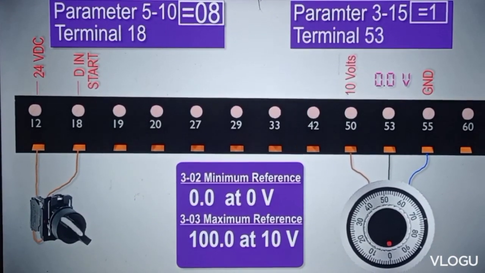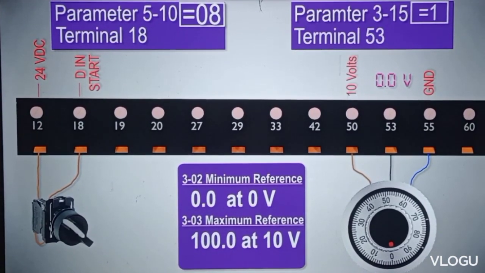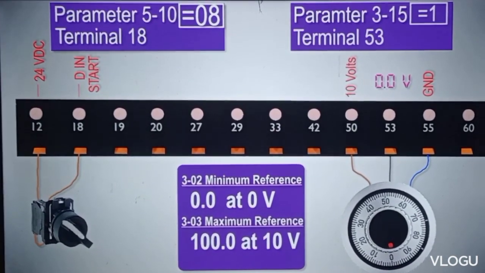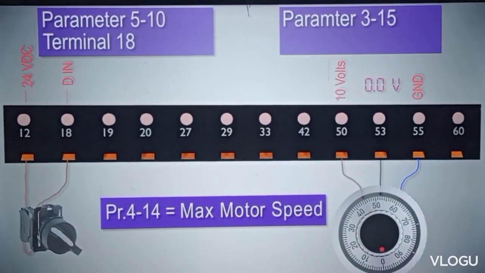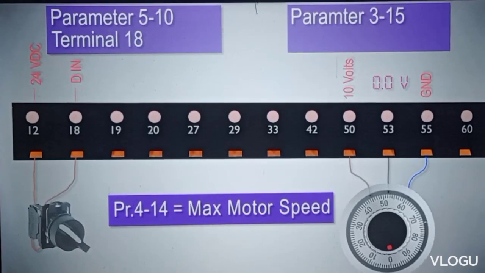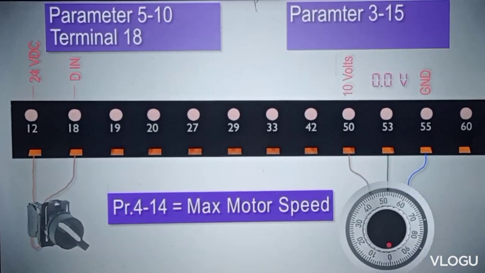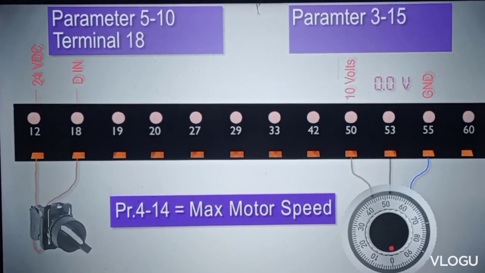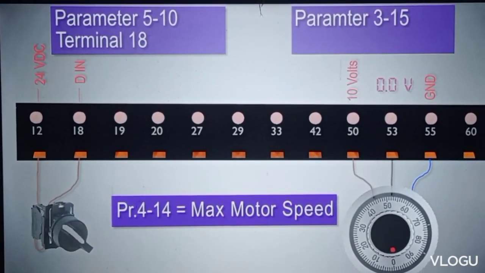For this example, I set 0 Hz speed at 0 volt analog input signal and 100 Hz at 10 volts analog input signal. Just a side note here, the speed of the motor will not exceed the speed which we have entered in parameter 4.14, which is the maximum speed limit. If we want to run at higher speeds, we have to increase the speed limit in parameter 4.14.